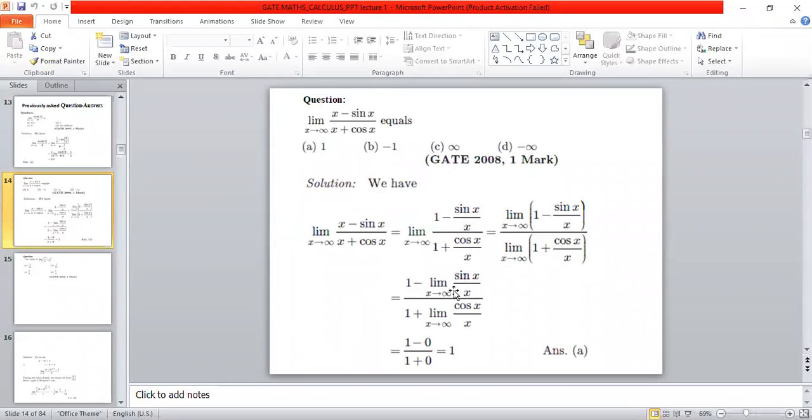And if x tends to infinity, sin theta by theta is 0. Remember, this is exactly opposite to the limit as x tends to 0. So as x tends to infinity, it will be 0. Similarly in the denominator, cos x upon x: if x tends to 0 then it is 1, and if it is infinity, it is 0. That is 1 upon 1, which is nothing but 1. So the correct answer is 1.